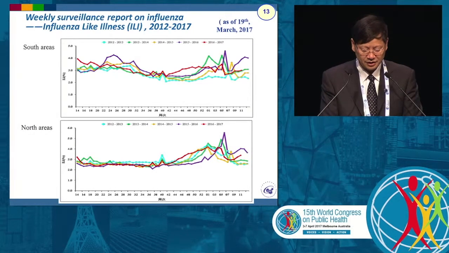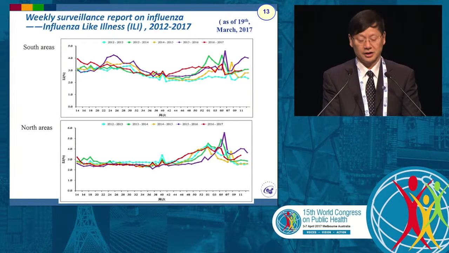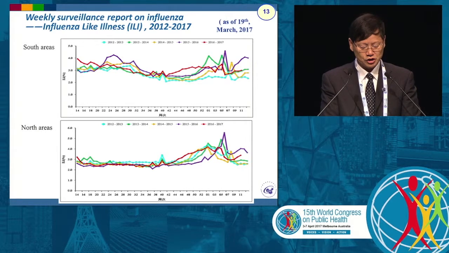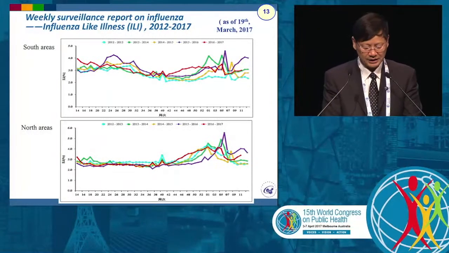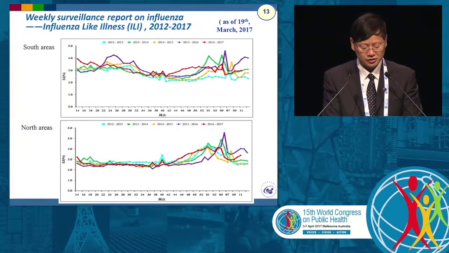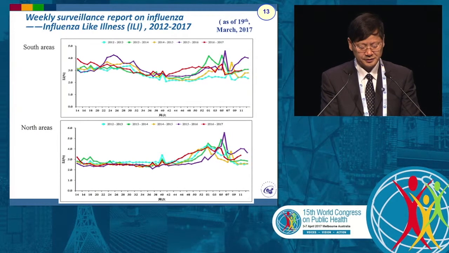Surveillance data on influenza-like illness and influenza virus is issued weekly. The trend of influenza-like illness in the sentinel hospitals is shown by South and North areas respectively.